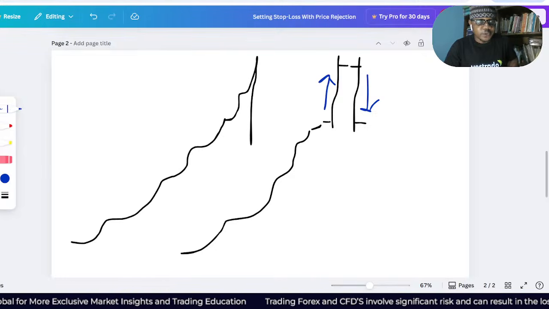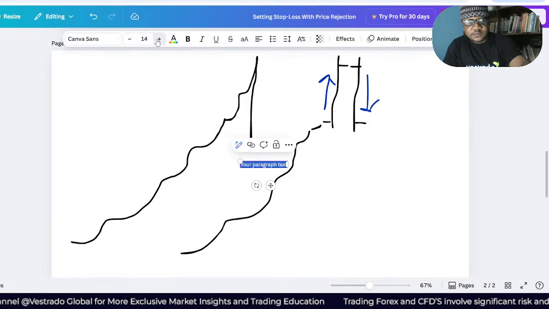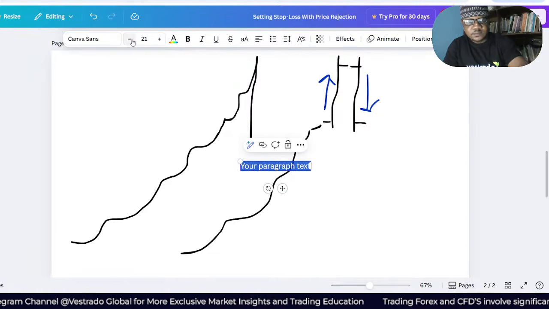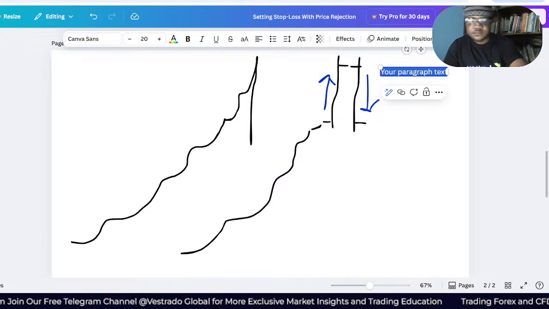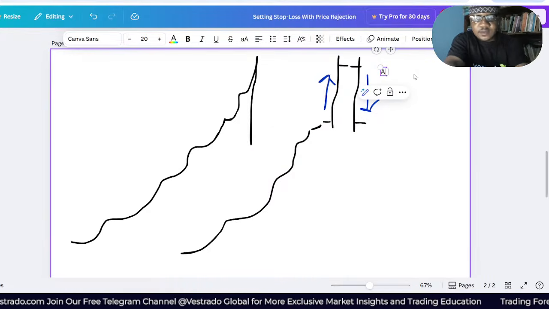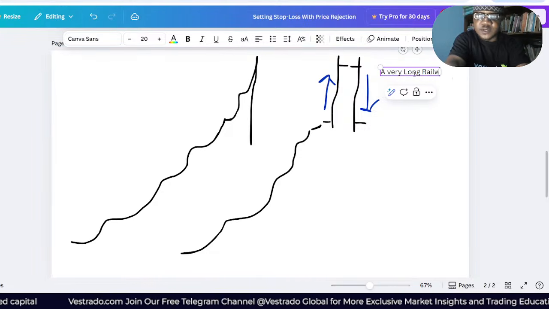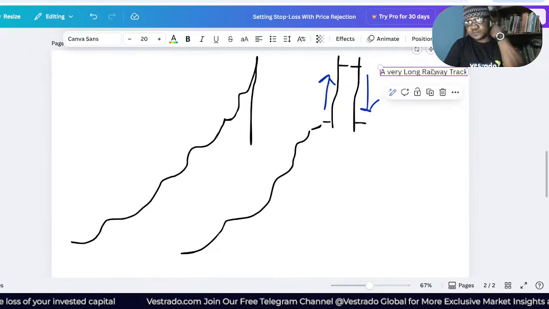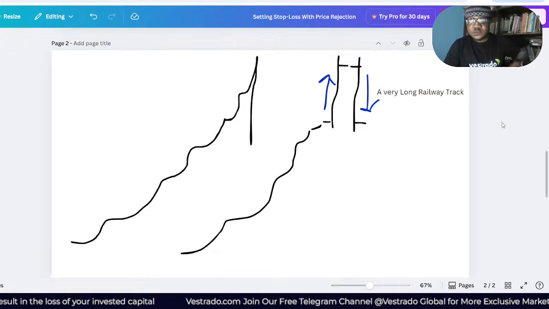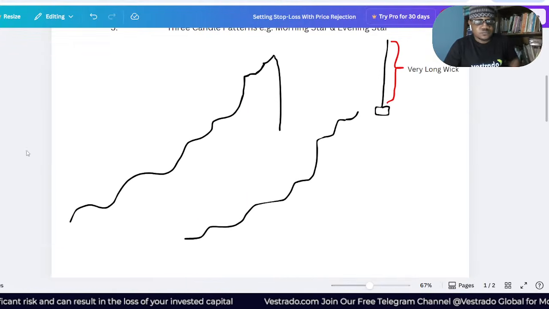Railway track. Not just any railway track, but a very long railway track. So let's go back to the hammer.